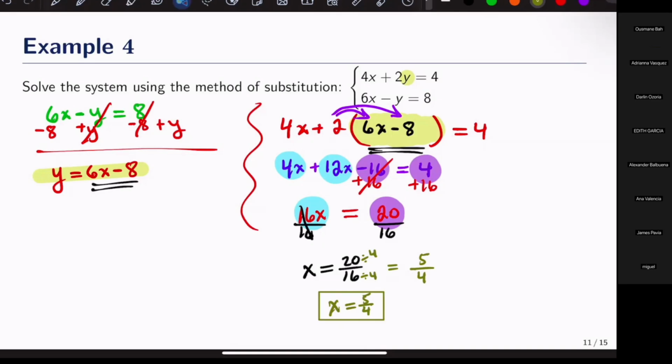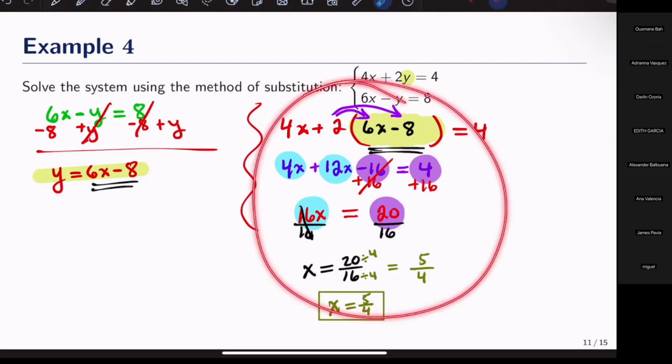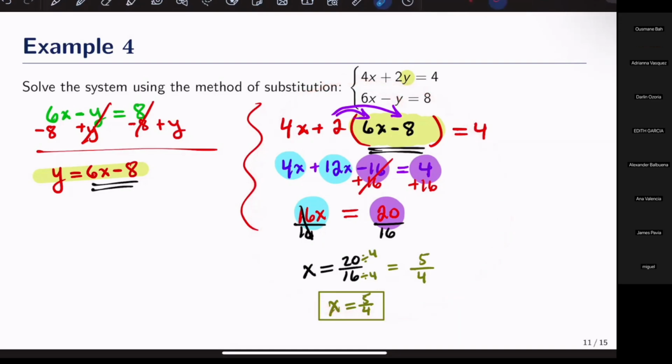So the first part, I'll explain again. How did we essentially get to this? Well, whenever we first look at a system of equations, what we want to do is look for the easiest option in order to solve by substitution.